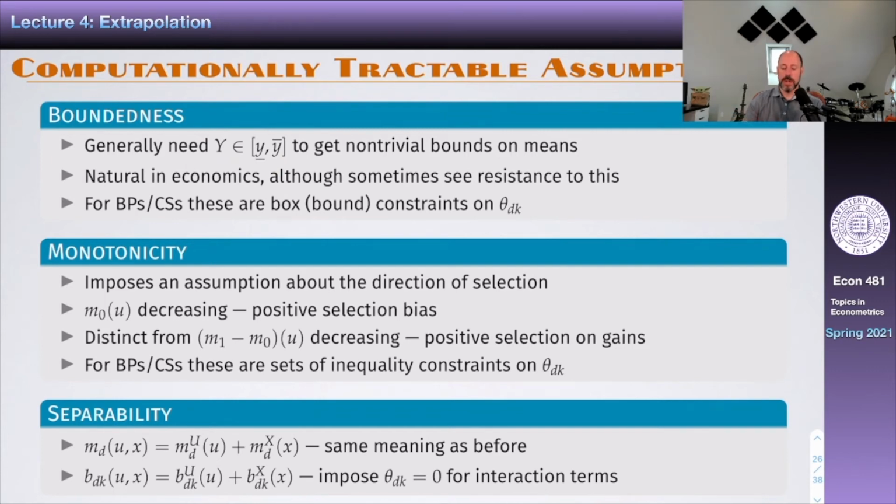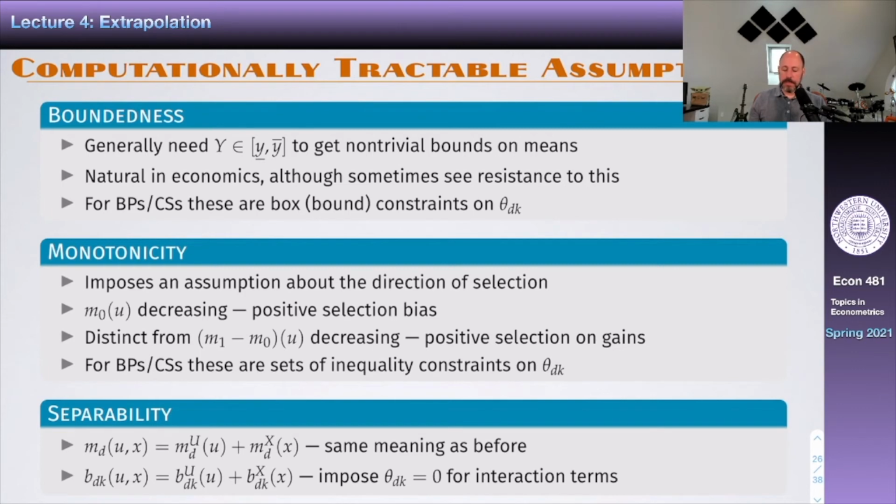In some cases it's obvious. For example, if Y is binary, you know that it is just between 0 and 1. In other cases, you may have a natural lower bound. You're talking about income, and you're going to assume the income is bounded by 0. Same with education and other things. Sometimes there's a natural lower bound and a natural upper bound, but in other cases, you will need to impose some upper bound as well.